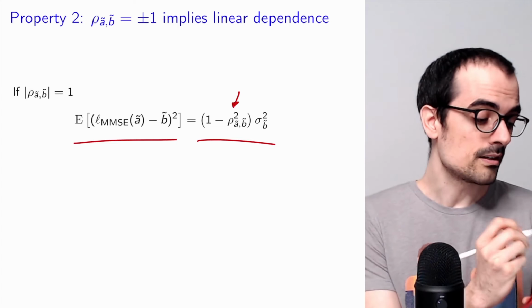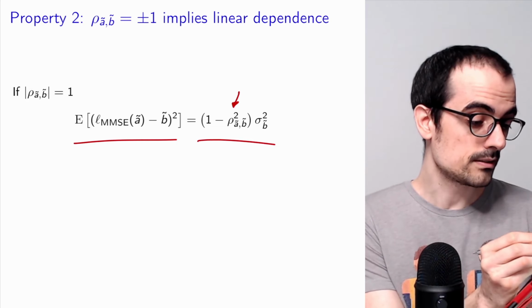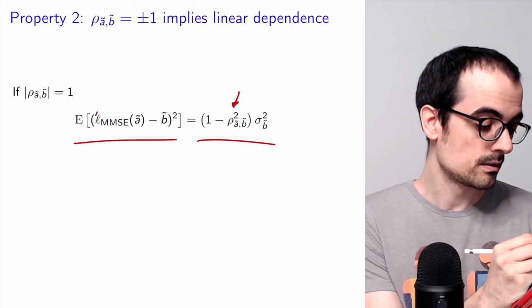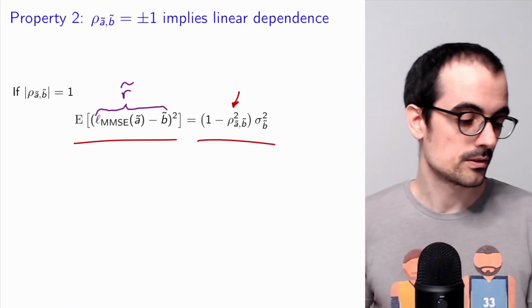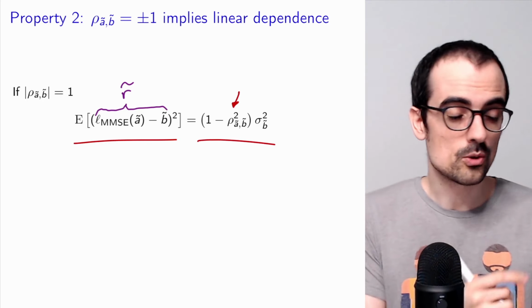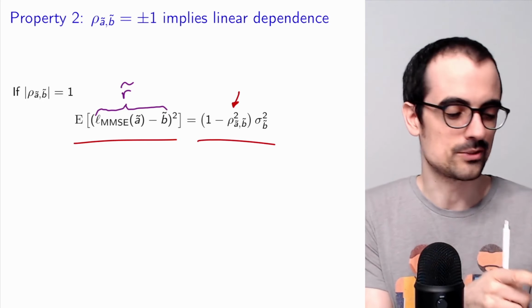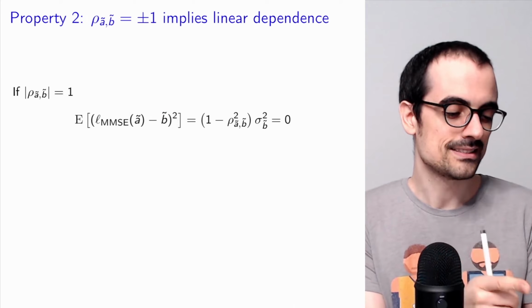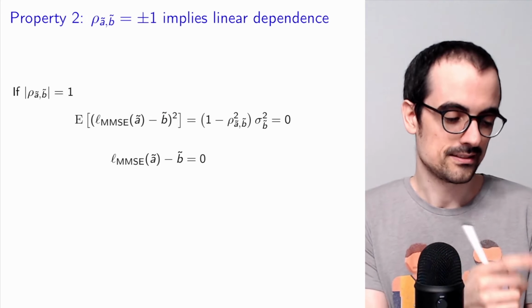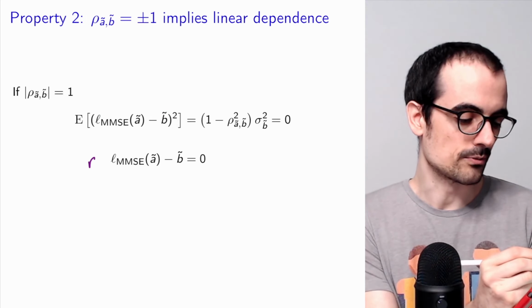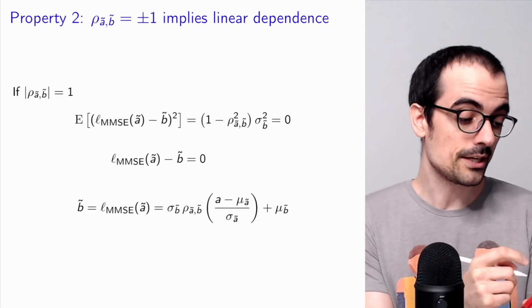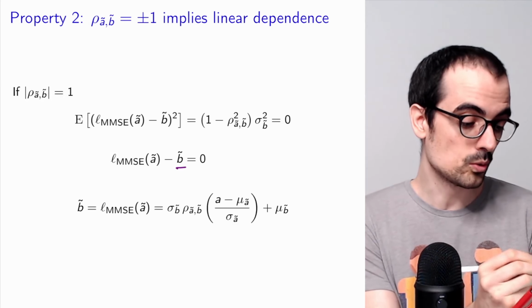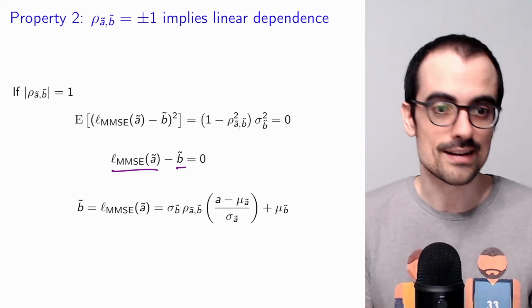The mean squared error is the mean square of this random variable, which is often called the residual. So if the mean square of this residual, what I've called this random variable R, is 0, that means that the residual is 0, and hence B is equal to the linear estimate.